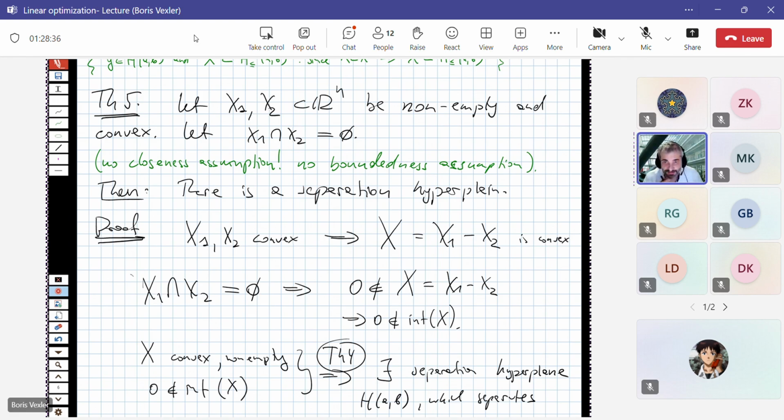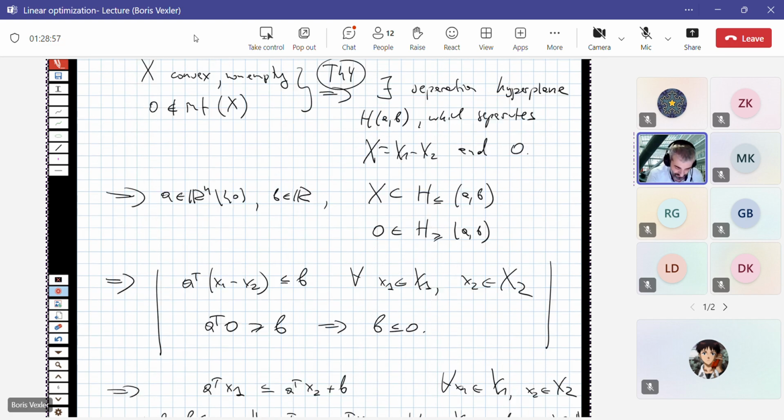Okay, but now probably this assumption that x1 intersected x2 is empty is probably too strong for separation.